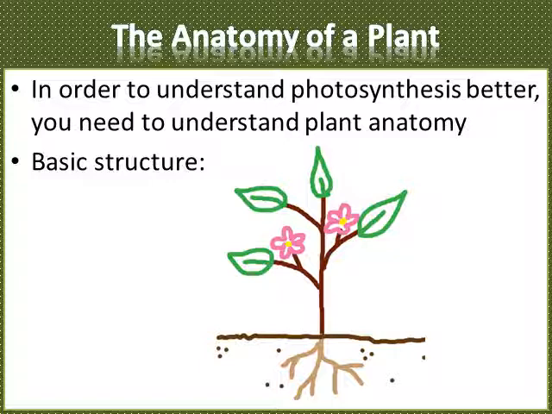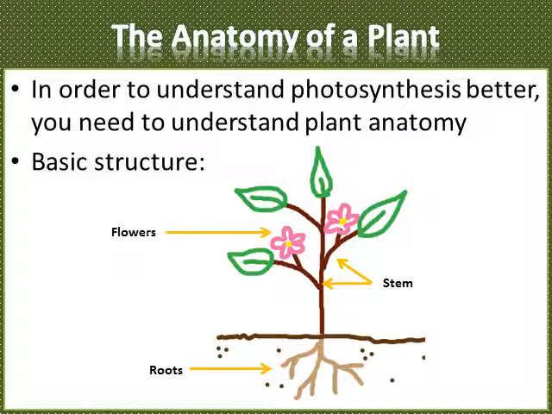The first basic structure that we're going to talk about are the roots. Okay, the roots are the parts of the plant that are underneath the ground, and their function is to pull up water and minerals and nutrients from the soil. The stems are the next part of the plant that is basic to plant anatomy, and they pretty much transport that material that's pulled up by the roots so that it can get to the rest of the plant.